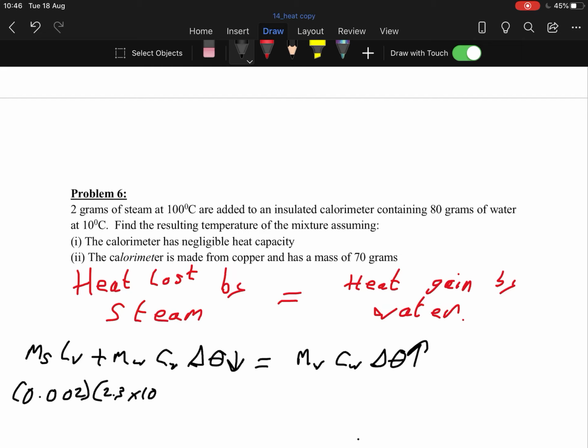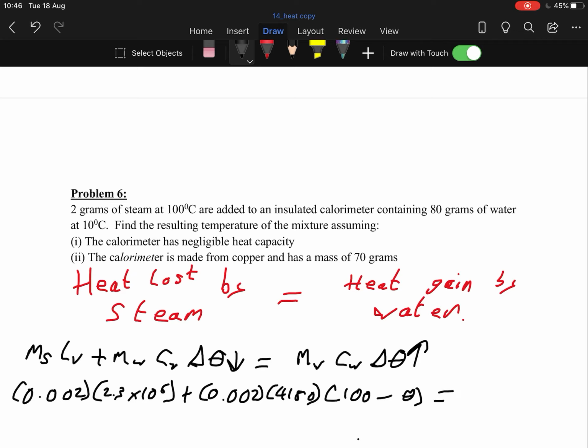2.3 by 10 to the 6 plus 0.002 times 4180. Now we're going down, so initial minus final. Now I'm going to put the right hand side below it, because I'm out of space.